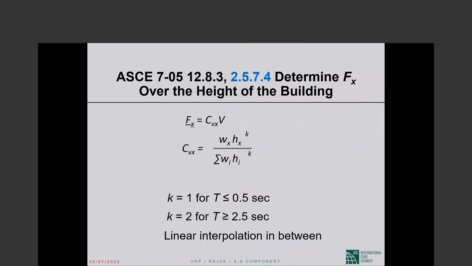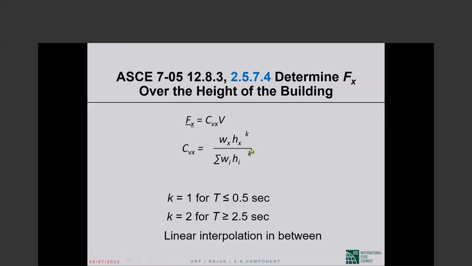Now that gives us everything that goes into the design base shear equation. Having calculated the design base shear, we will, as I said, distribute it along the height of the structure in the manner prescribed by the code.